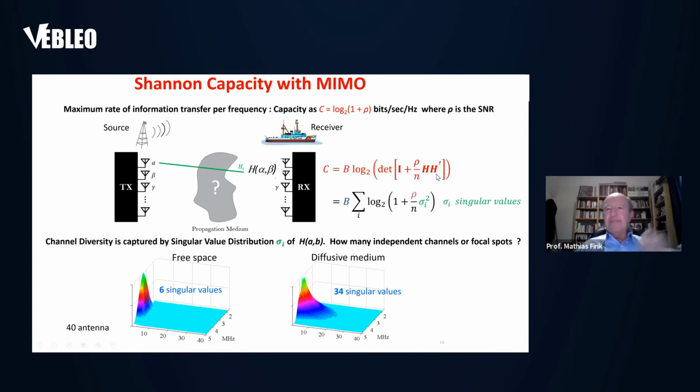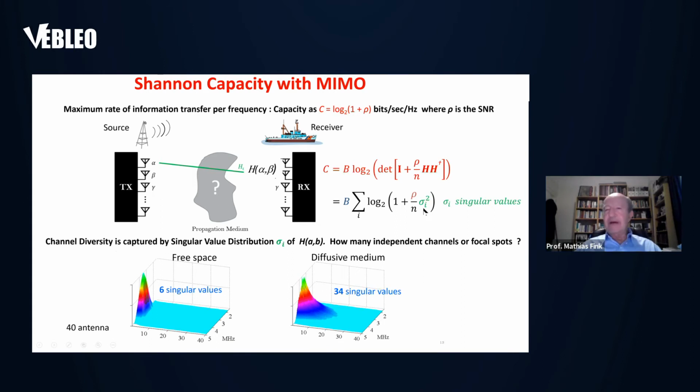If you look at the singular value decomposition of H, you will see that here appear what we call the singular values of H. How many singular values do I have in a propagating medium? If I have, for example, 40 antennas and 40 antennas, how many singular values do I have?